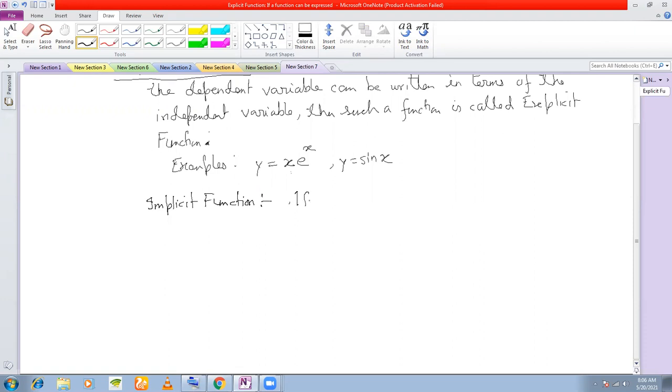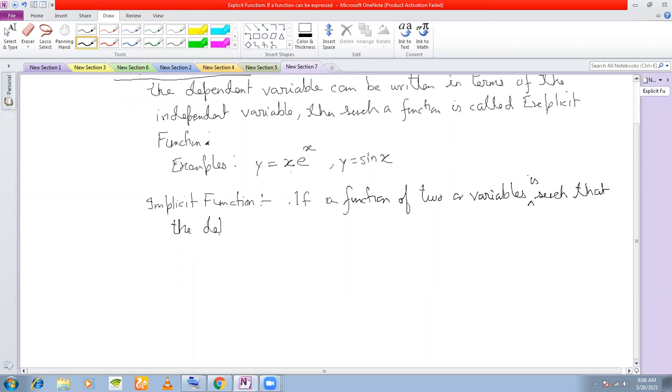Suppose a function of two or more variables is such that the dependent variable may not be written in terms of the independent variable.